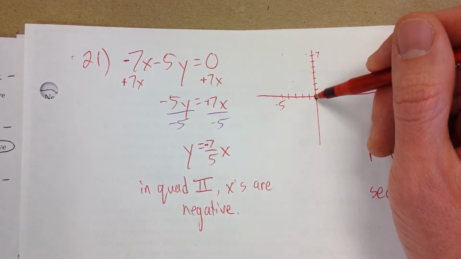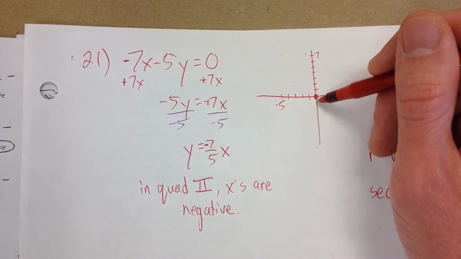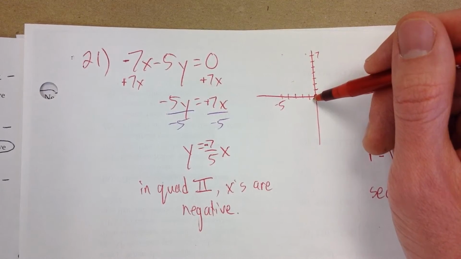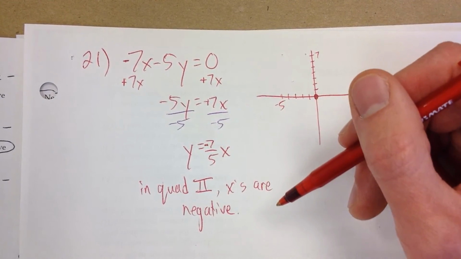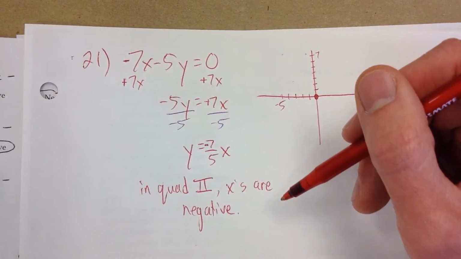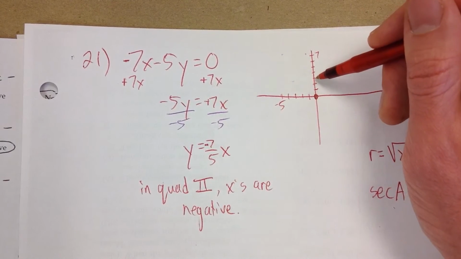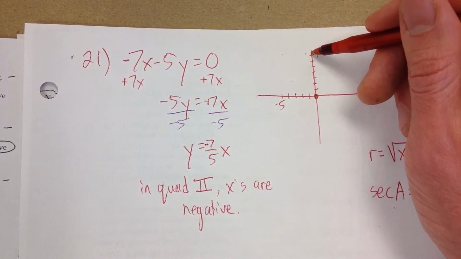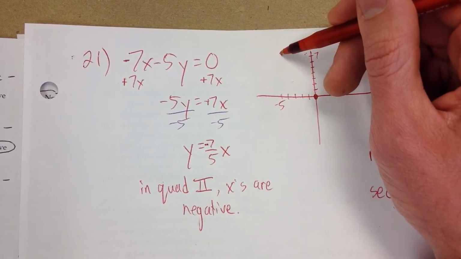Well, are you interpreting -7 as going down? No, I did -7 on the end. Oh, that is incorrect, right? Because it's rise over run. So it's vertical change over horizontal change. 1, 2, 3, 4, 5, 6, 7. 1, 2, 3, 4, 5.